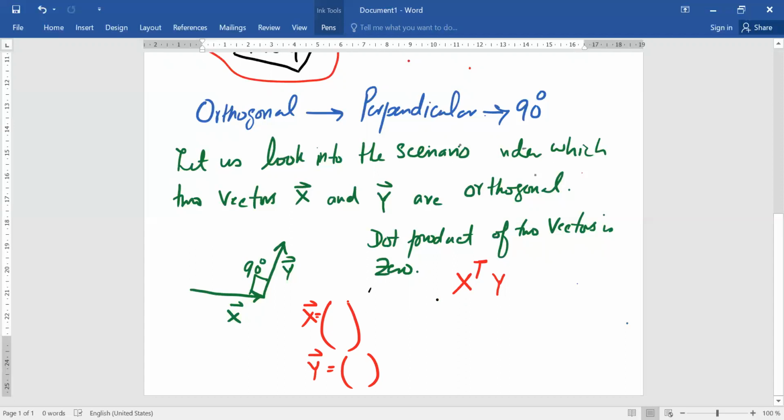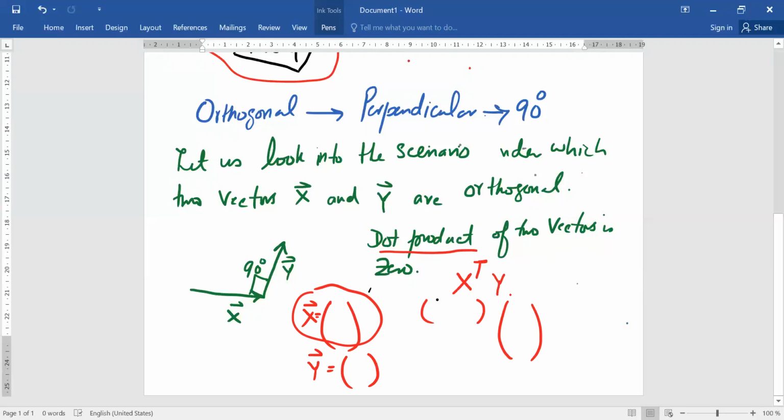Because you remember originally it was a column like this, and when you did the transpose, it became a row. And here is y, which without the transpose operation is still in the column form. So when I do this x transpose y, I'm implementing the dot product.